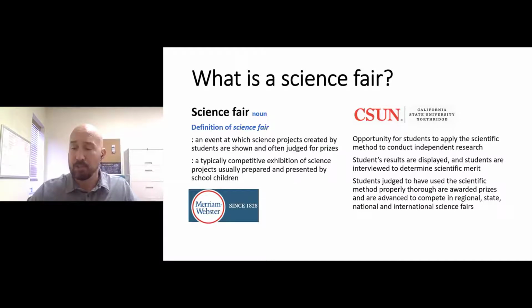A similar definition was provided in a research article I came across regarding impacts of student participation in science fairs. This was from the California State University at Northridge.